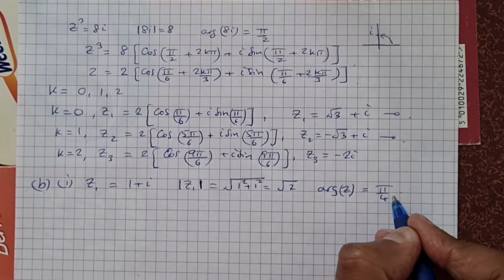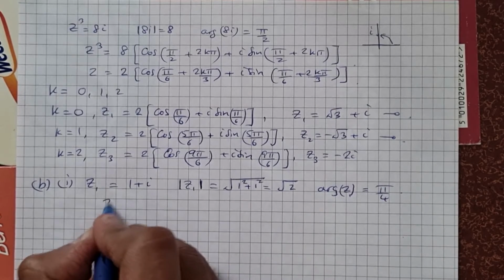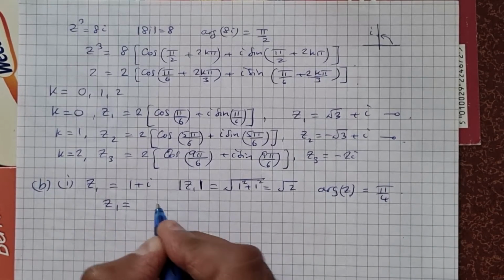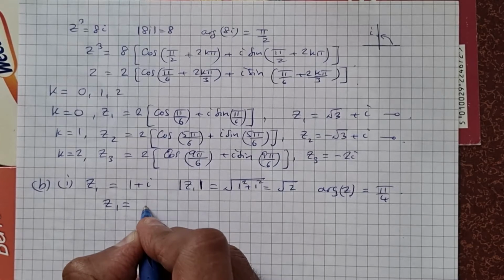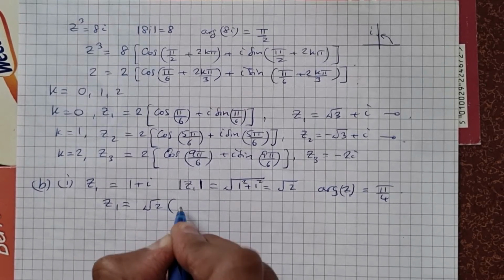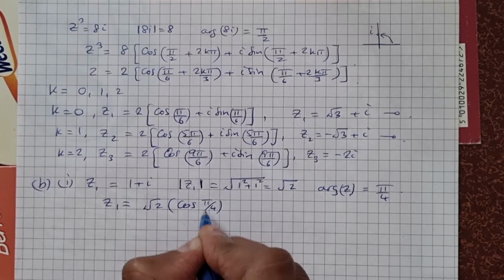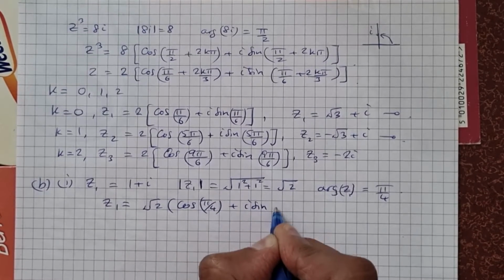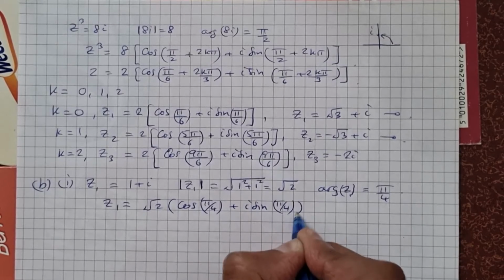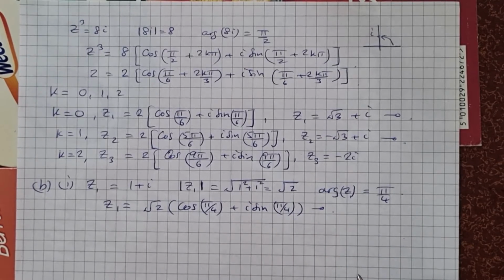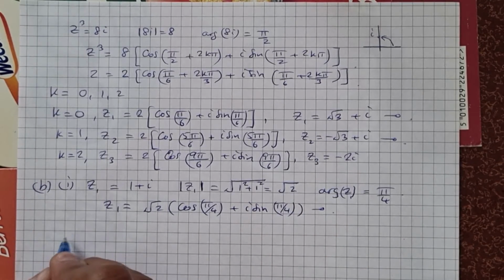So that's the argument. Now it's very easy for us to write z1 in the polar form. I get root 2 into cos of pi upon 4 plus i sine of pi upon 4. So here we are, the first part of part B is done.